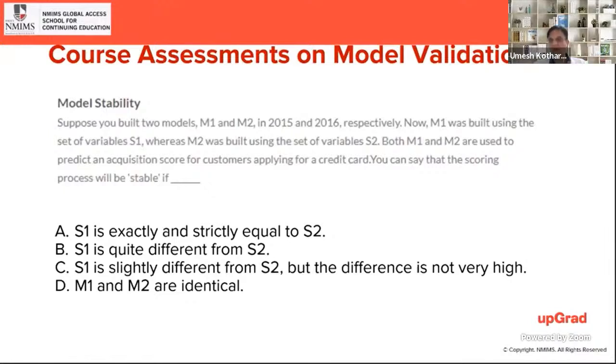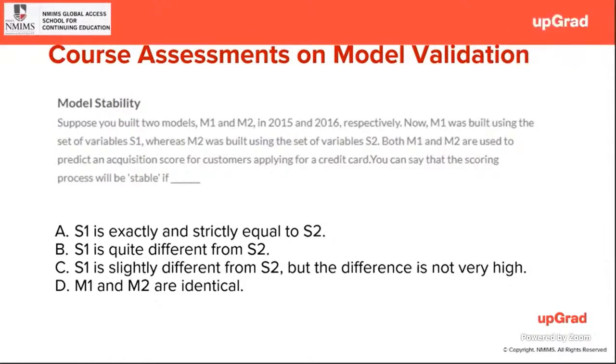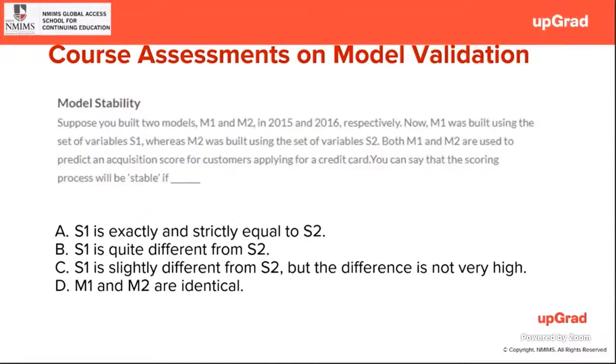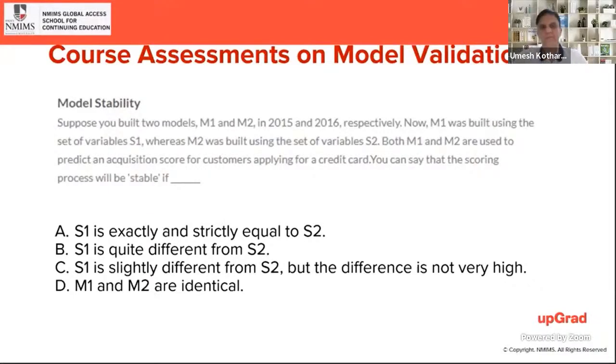Yeah, but model M1 has S1 variables and M2 has S2 variables, so are they still identical? Stability implies it is able to give the same results consistently for 2-3 years, right? Basically the same model should be able to provide us the results. So therefore D should be the answer.